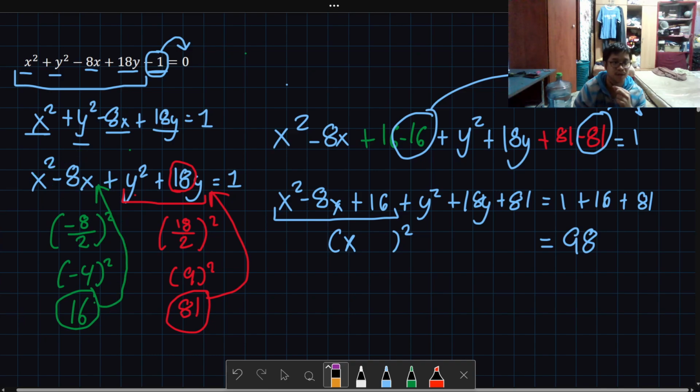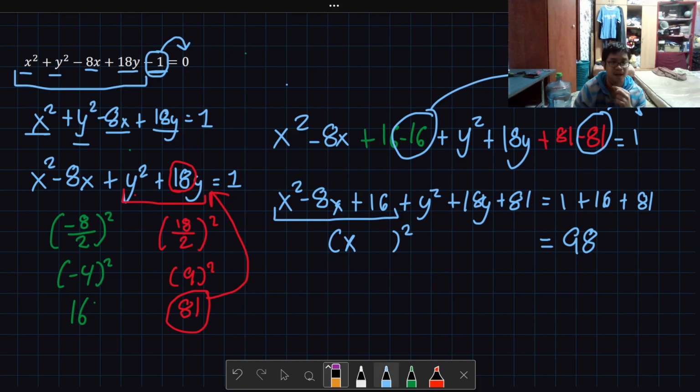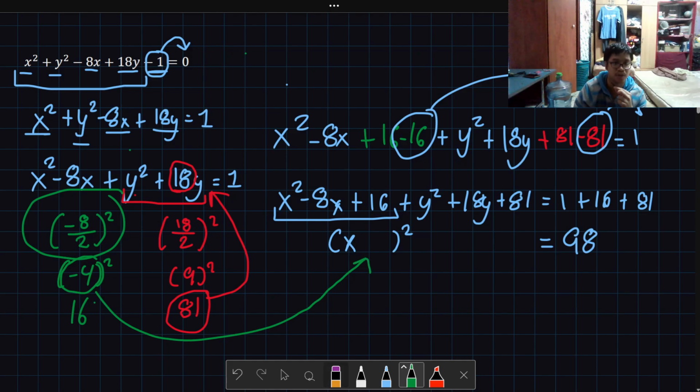Remember that we divide negative 8 by 2, right? So the result is negative 4. That would be the number you're going to put here. So you will have x minus 4.